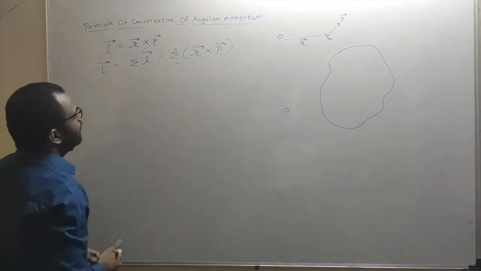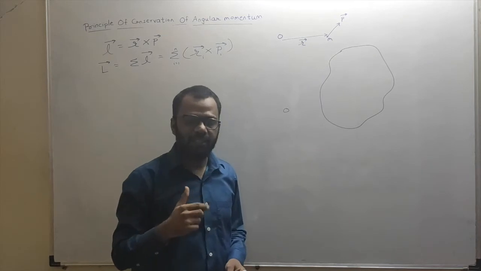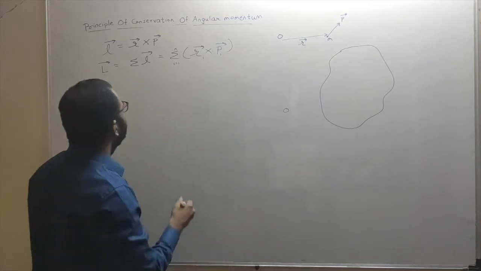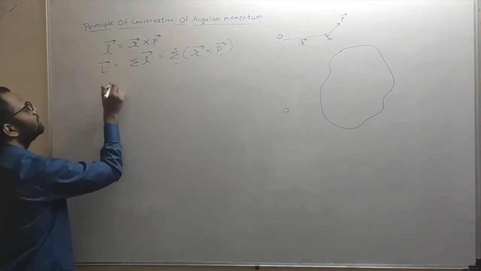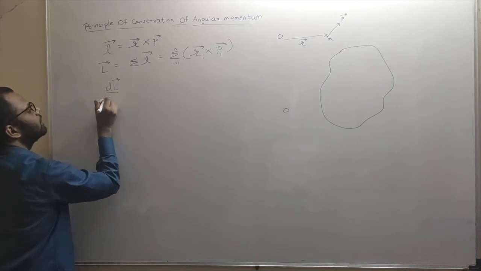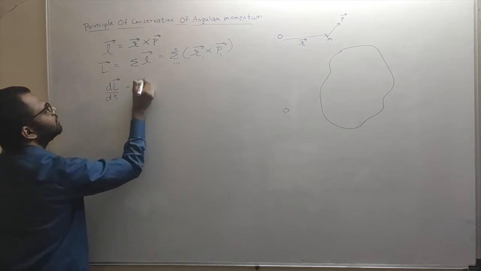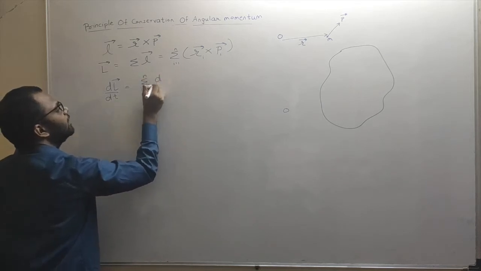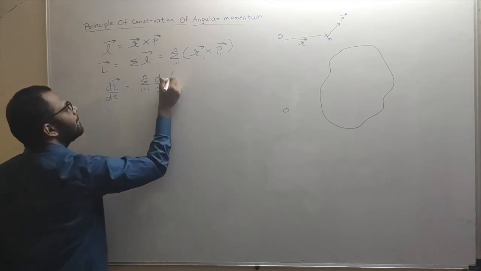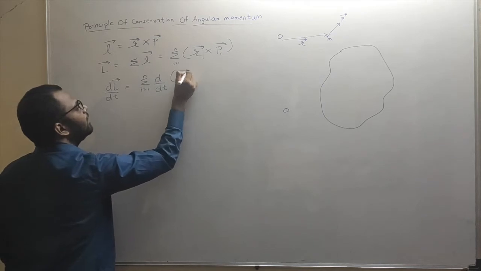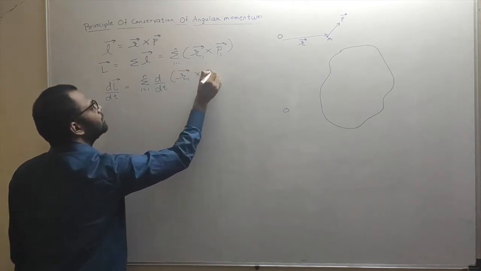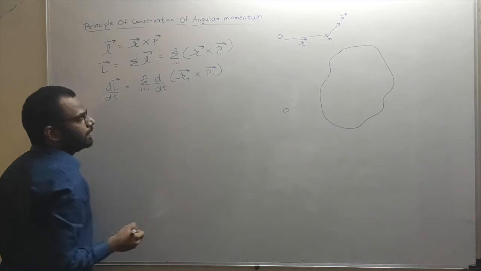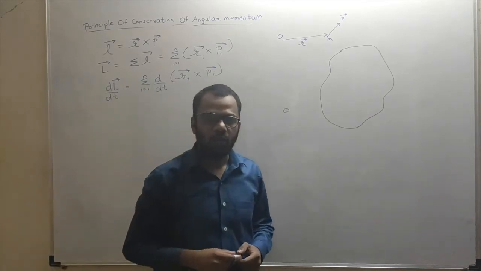Okay, so let us say there are n number of particles. Now let us differentiate this with respect to time and see what we get. So dL by dt will be the summation, i varies from 1 to n, of d by dt of Ri cross Pi. Here we will use the product rule of the derivative.